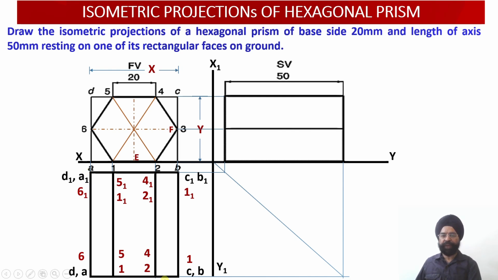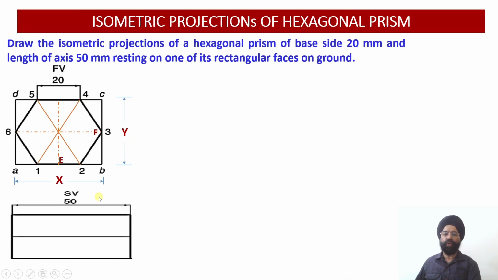So in the front face, the labels we are going to use are A, B, C, D for the rectangle, and at the back face it will be A1, B1, C1, D1, and the 6 points of the hexagon in the front face will be located as 1 2 3 4 5 6, whereas in the top face you will have 1', 2', 3', 4', 5', 6'.